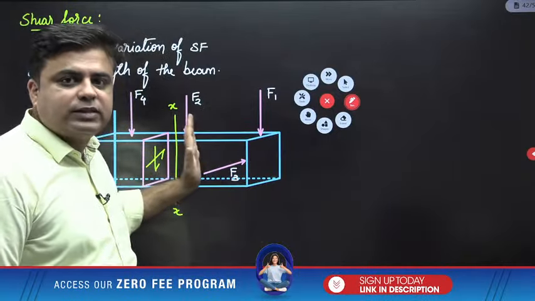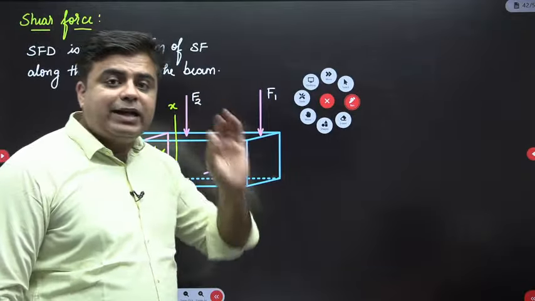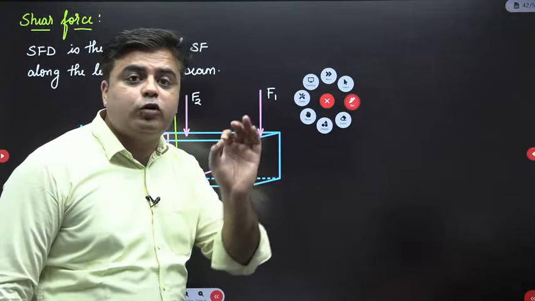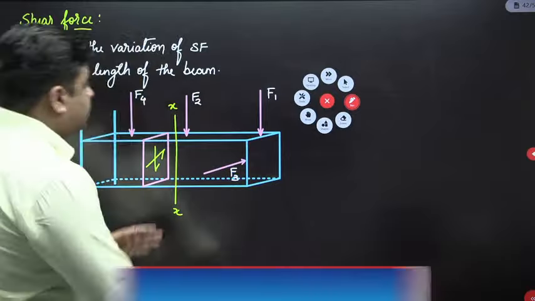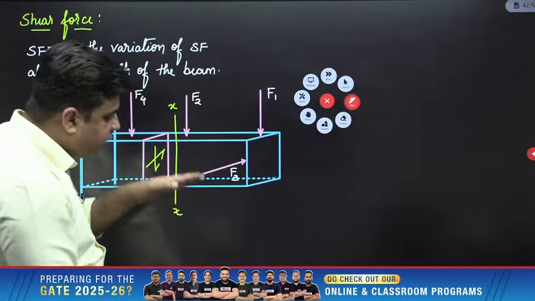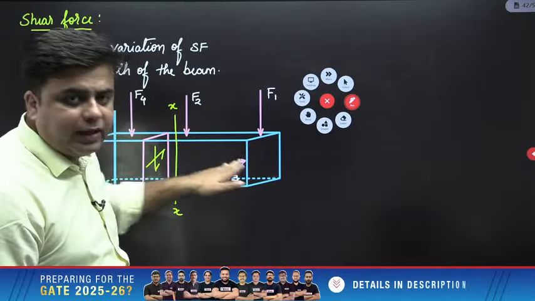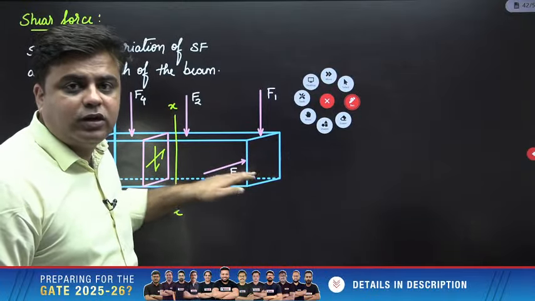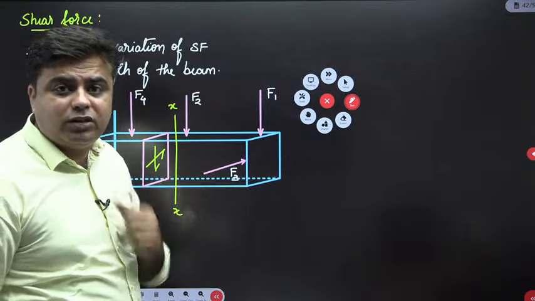Acting over the same cross section, the direction of both the shear forces will be different. Shear force due to vertical loading will act in the vertical direction and shear force due to horizontal loading will act in the horizontal direction. Please keep a check on this.